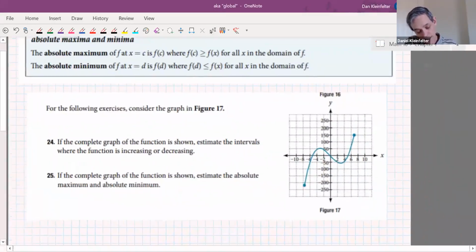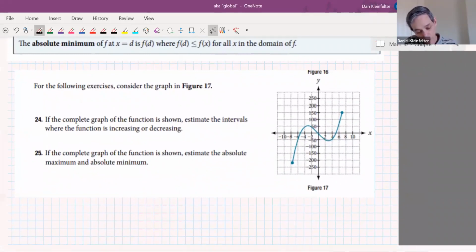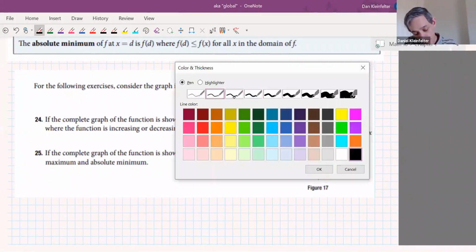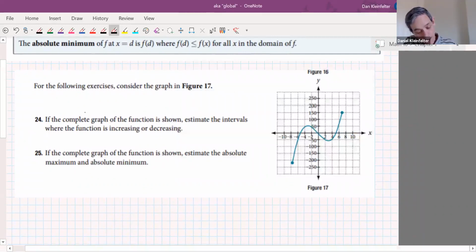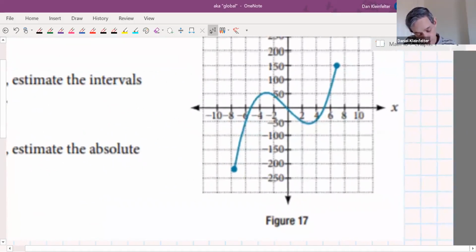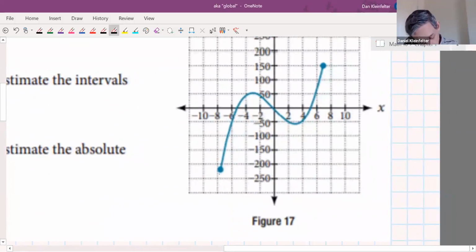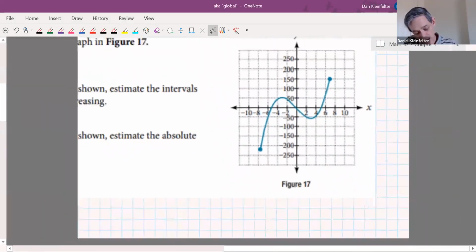All right, so let's try this example, which is taken from the book. Here it says, if the complete graph of the function is shown, estimate the intervals where the function is increasing or decreasing. So let's try increasing and decreasing first. So it looks like it's increasing from -8 to about -3.5.